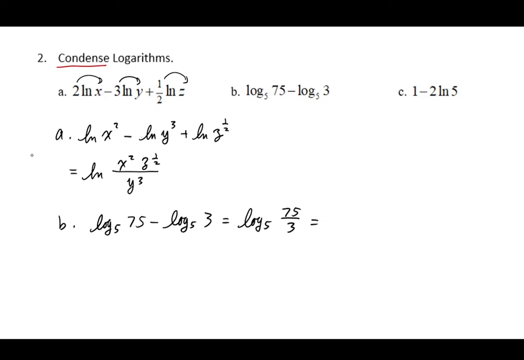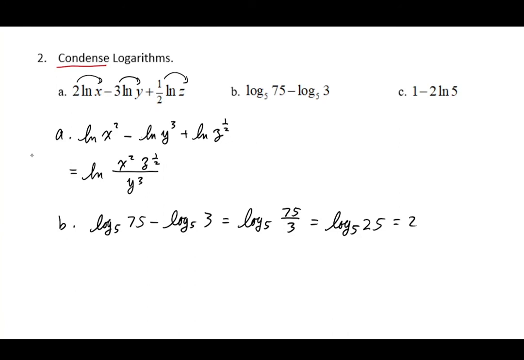Okay. And simplify the fraction, so this is log base 5 of 25. Good. And then let's see, what's log base 5 of 25? 5 to the something is equal to 25, so that's 2. How about that, huh?